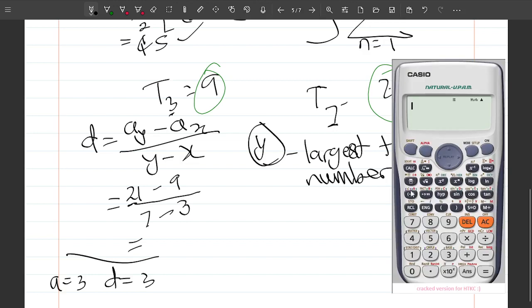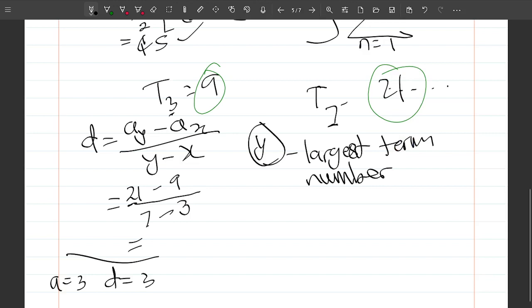This is just a fraction, so we'll say 21 minus 9 divided by 7 minus 3, and we get 3. That's our D done. That's just our D. So we just get 3. Anyways, proceeding, how would we find the others?